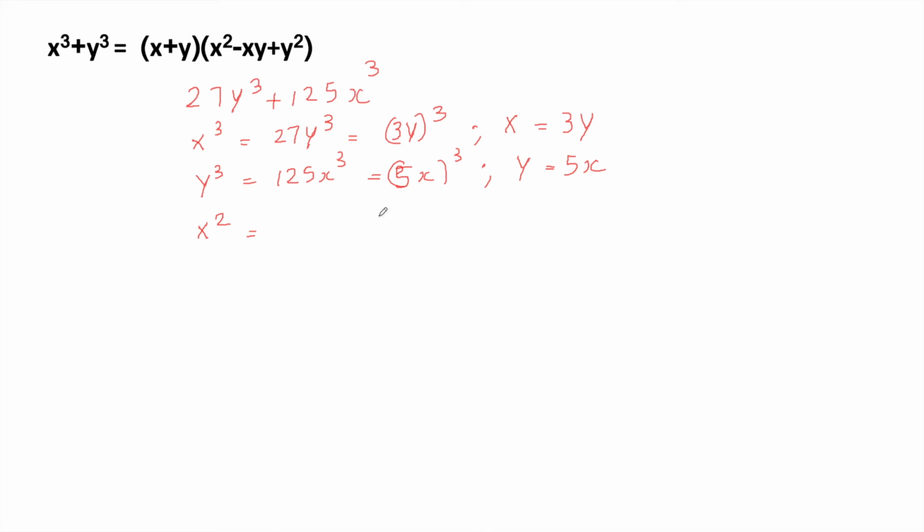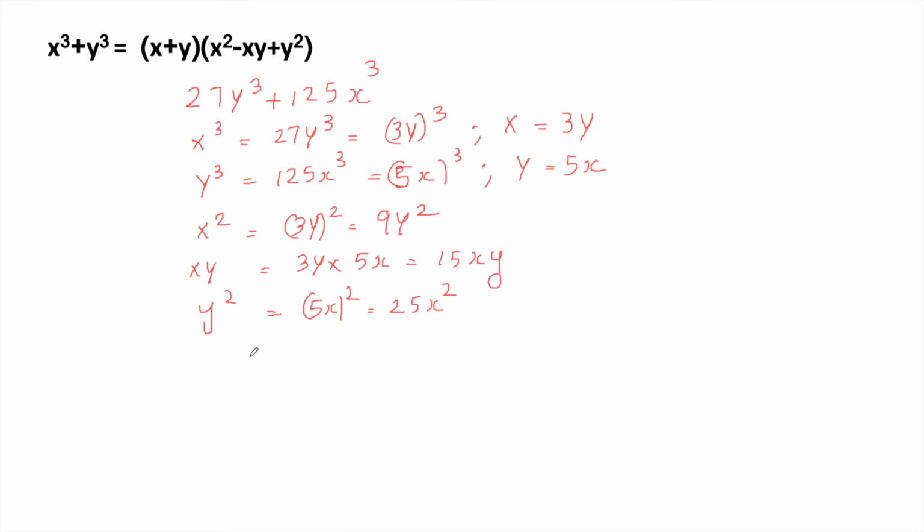X square is 3y the whole square, that is 9y square. Xy it is 3y into 5x, that is 15xy. Y square here it is 5x the whole square, that is 25x square. Now you can directly substitute.